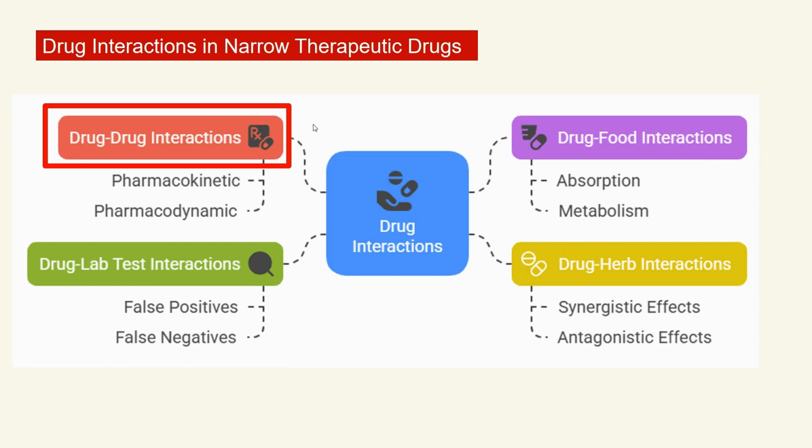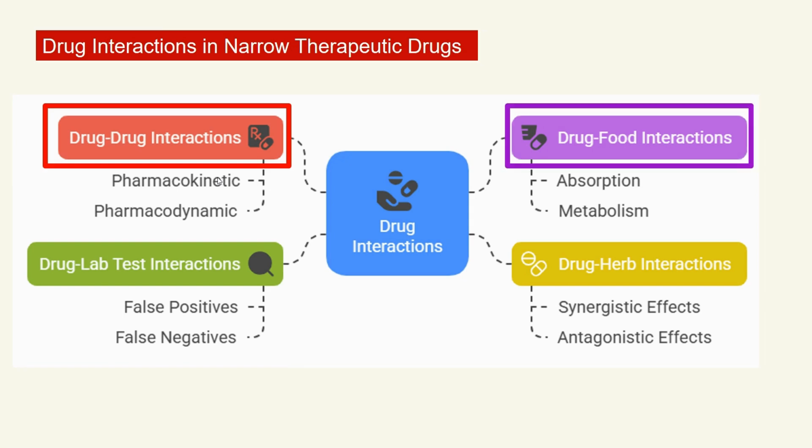Drug and drug interactions can further be divided into pharmacokinetic interactions. That means changes in distribution, tissue binding, increased serum concentration, or decreased renal clearance can result in serious toxicities of narrow therapeutic index drugs.